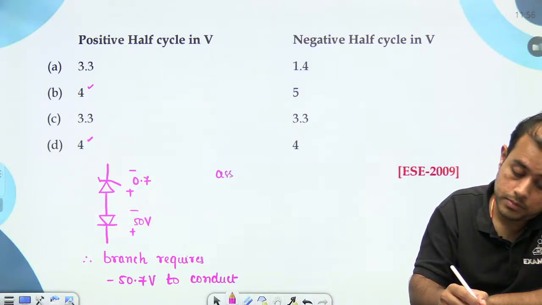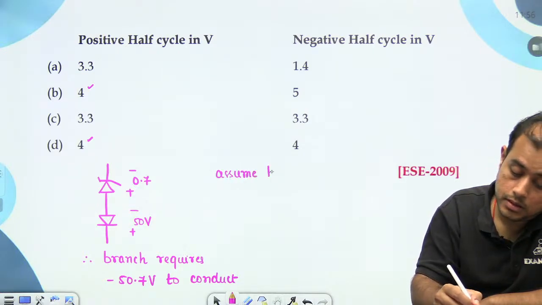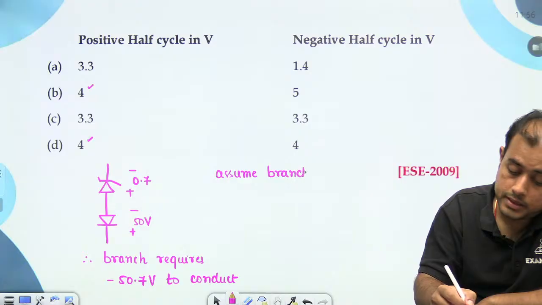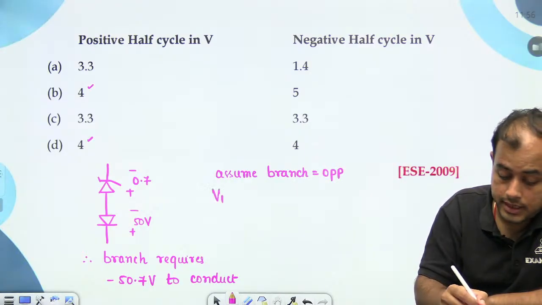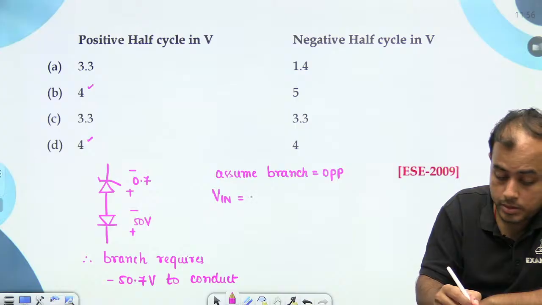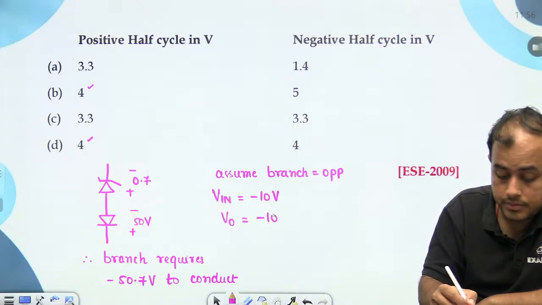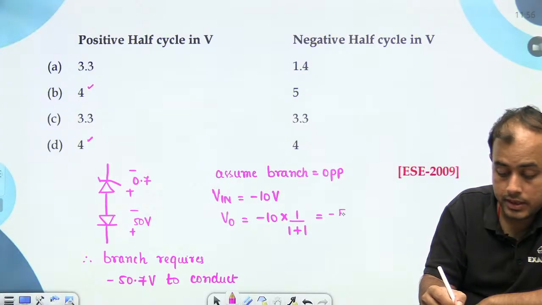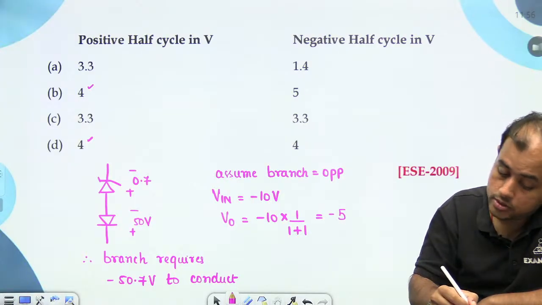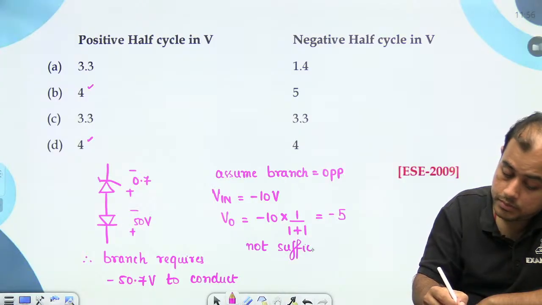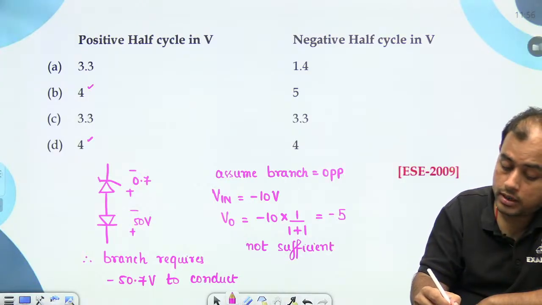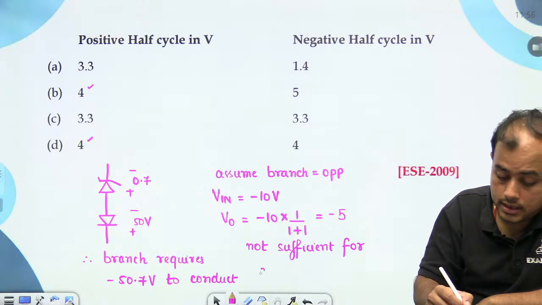Now assume branch to be open, Vin to be minus 10 volt, negative peak, so it is minus 5. Now this is not sufficient for diode branch to conduct.